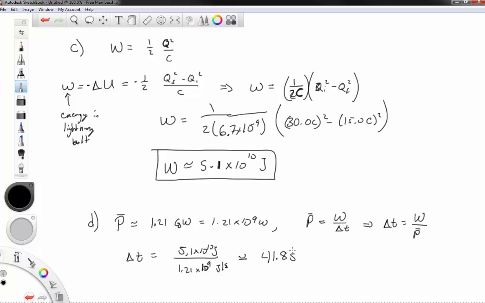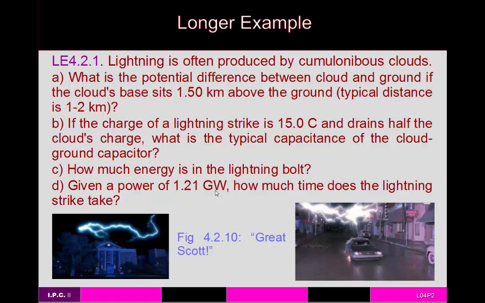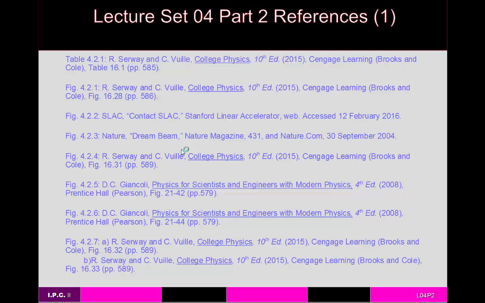But also, the typical power of a lightning bolt maybe is not 1.21 gigawatts. You can probably guess where I came up with that number for the lightning bolt power to be. But also this amount of charge being carried is a little on the high side.